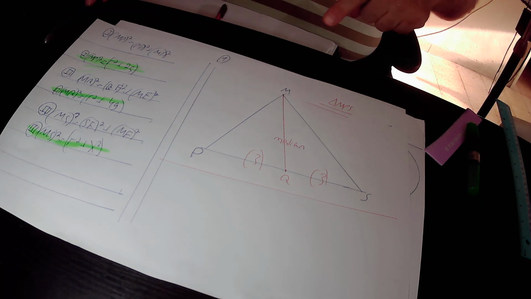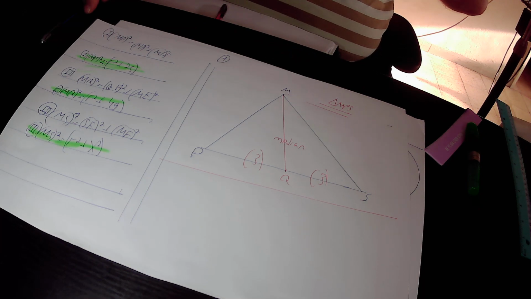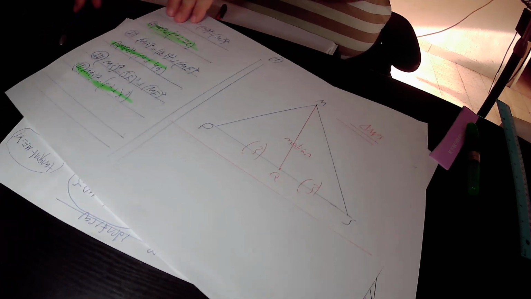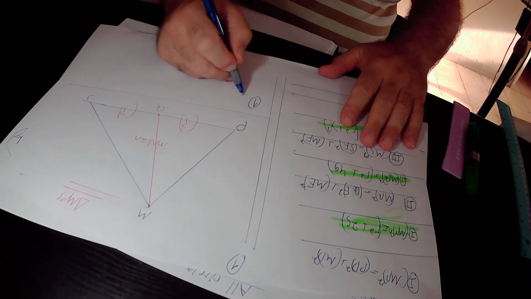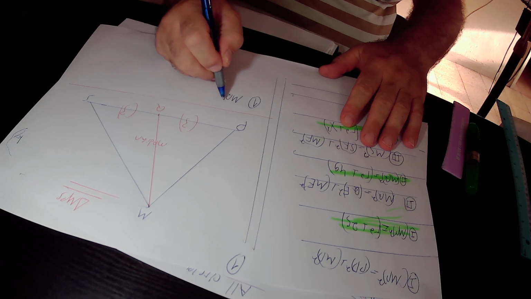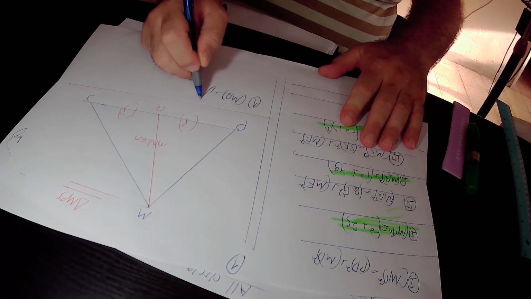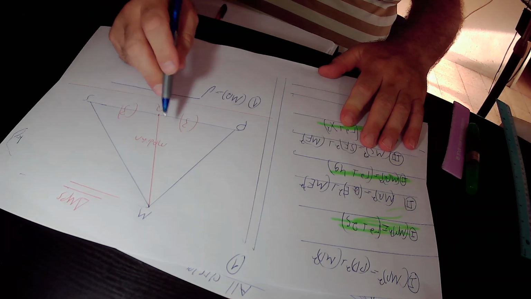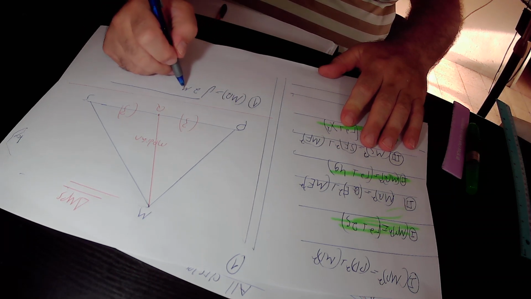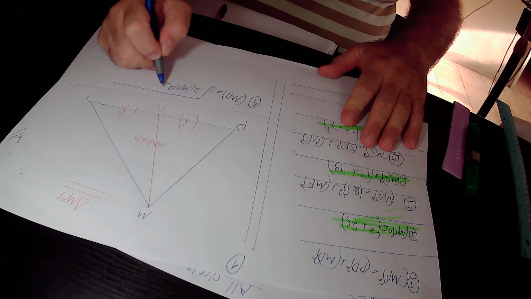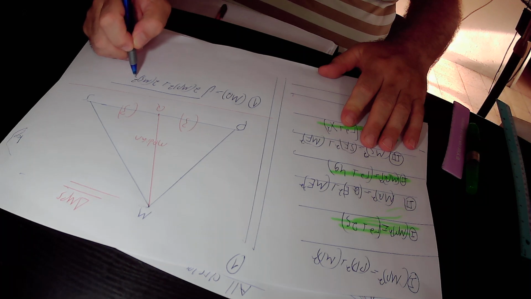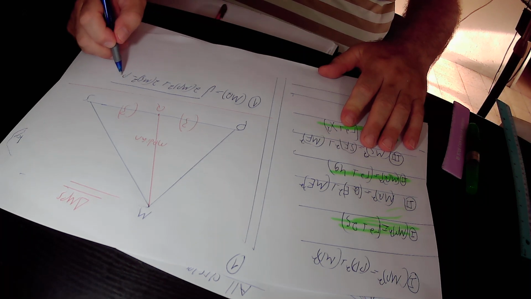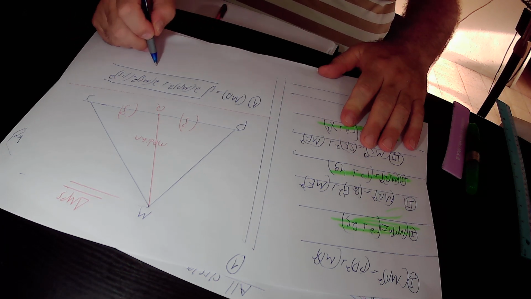According to the new formula, the length of the median MQ is equal to the square root of 2 times MP squared plus 2 times MS squared minus PS squared, divided by 2.